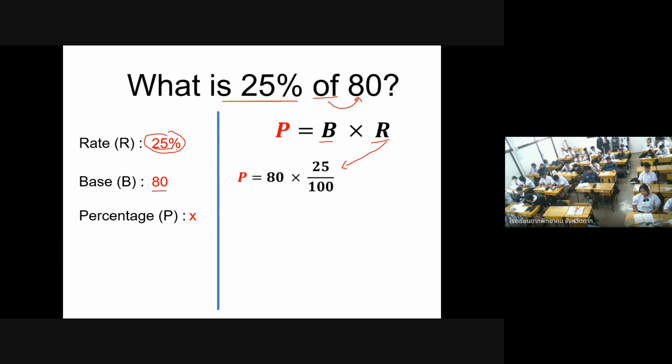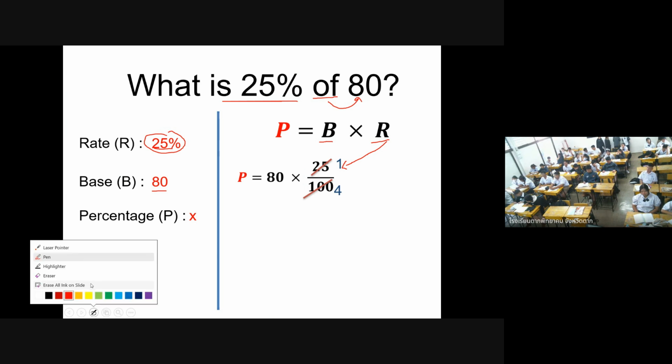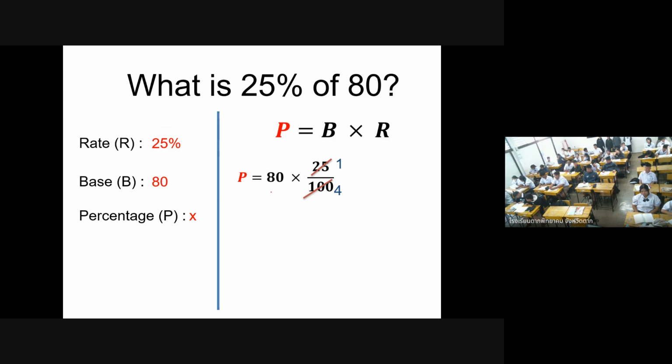Again, do you understand? What do we do next? 1 over 4. Here, 80 and 4 can be simplified, right? Yes. 4 and 80, this will be 1, this will become 20. 1 over 1 is what? 1 times 20 is 20.